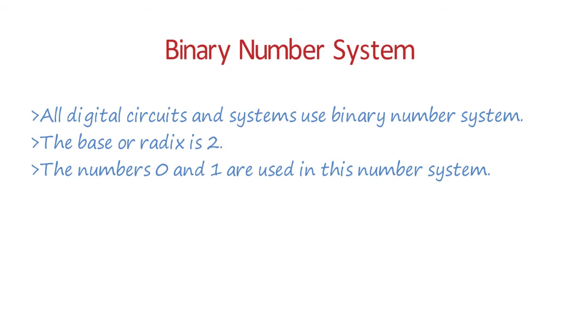The part of the number which lies to the left of the binary point is called the integer part. Similarly, the part which lies to the right of the binary point is called the fractional part. In this number system, the successive positions to the left of the binary point have weights of 2 raised to 0, 2 raised to 1, 2 raised to 2, 2 raised to 3 and so on.